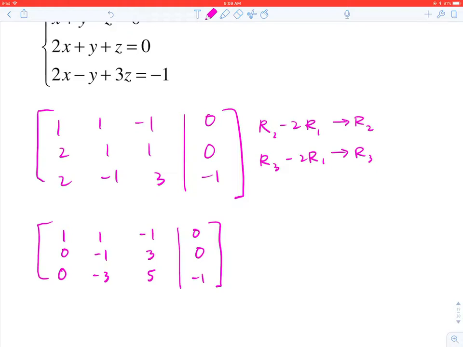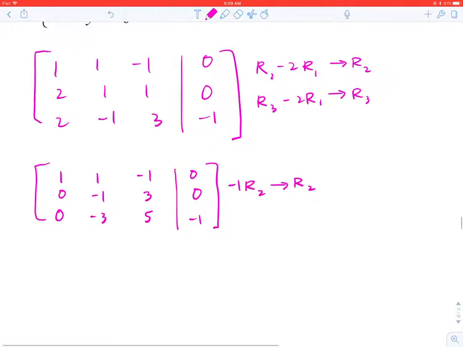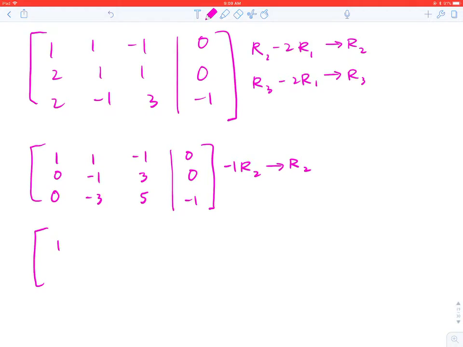I'm going to multiply row 2 by negative 1. And now I can use row 2 to help make this negative 3 into a 0.